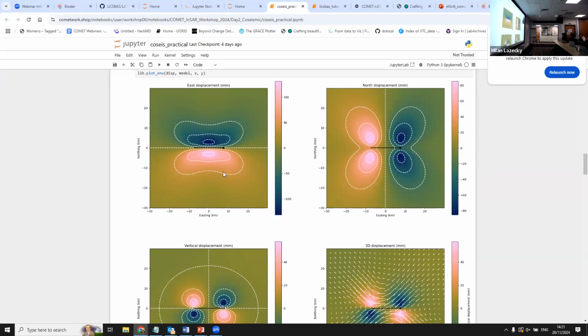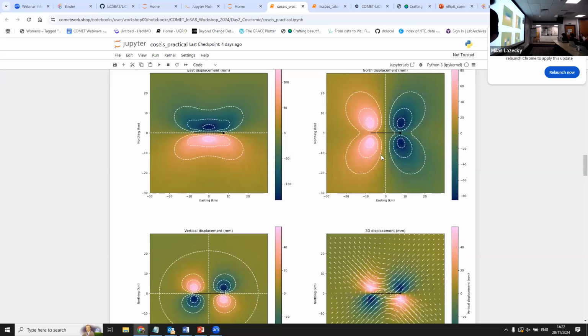We have the top portion moving eastwards, and the bottom portion moving westward, which makes sense for a strike slip. For your north displacement, what you have is material being sucked in here, coming southwards, and then being ejected here, going northwards. And the same the other way around, you have material coming in here northwards, positive, and being ejected out southwards, negative. So you end up with that classic sort of four-lobe look.